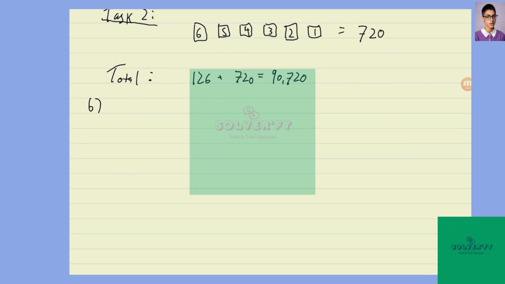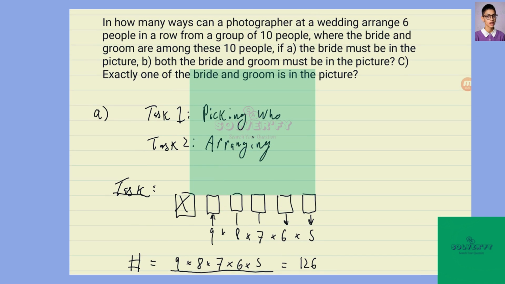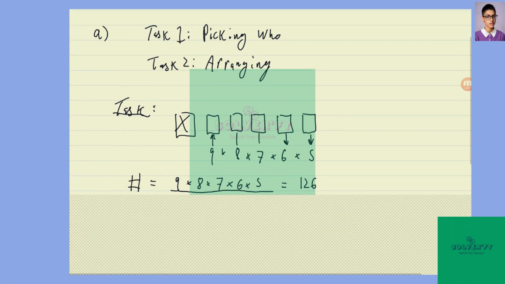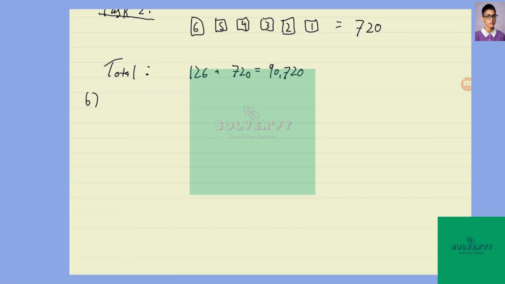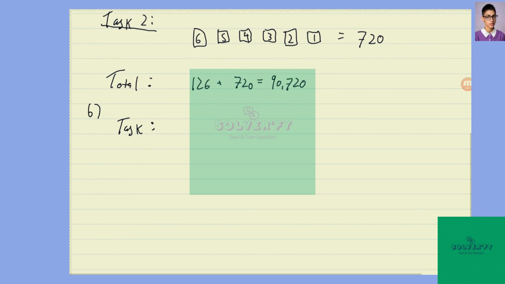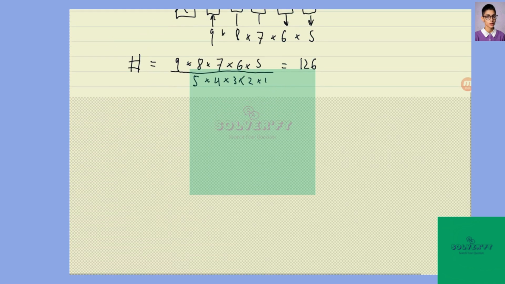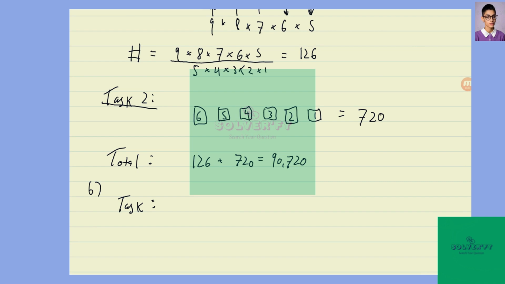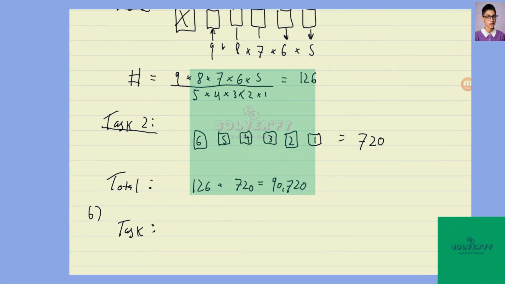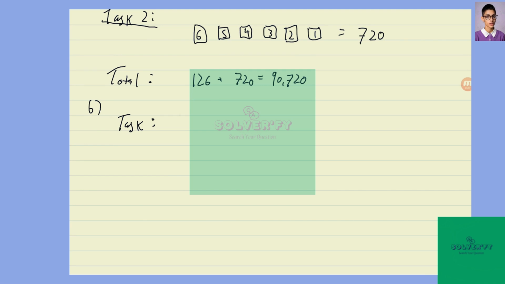For part B, we'll have a similar process, but we have that both the bride and the groom must be in the picture. So, for the first task of choosing who will be included, we have our initial set that we're choosing out of reduced to 8 choices we need to make. So we need to choose 4 people out of 8 to fill 4 slots. So we'd have 8 times 7 times 6 times 5.